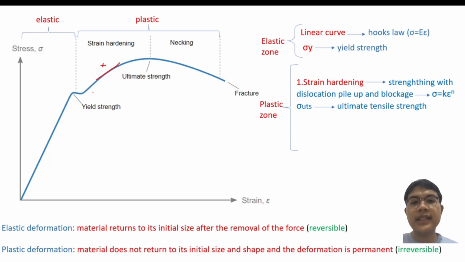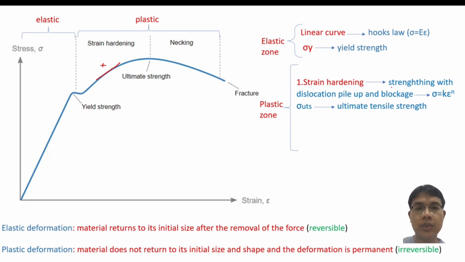The reason is strengthening with dislocation pile-up and blockage. When plastic deformation starts, a high number of dislocations are generated, and they pile up and block each other's way, which causes strengthening in the material.